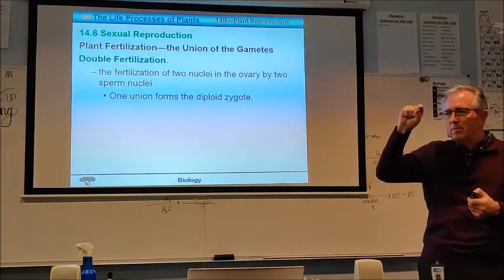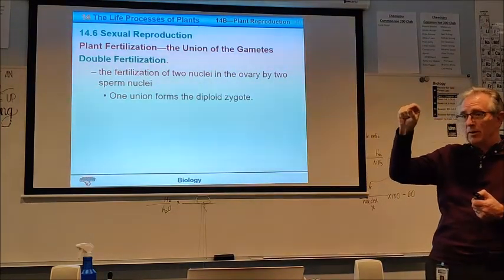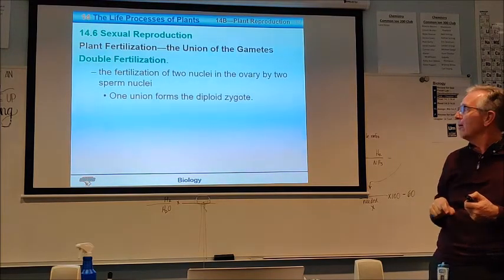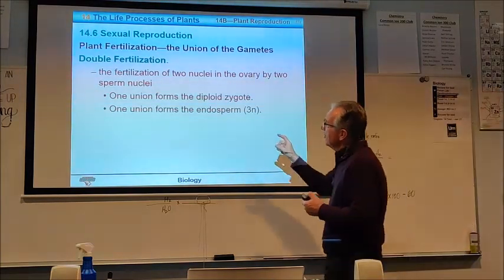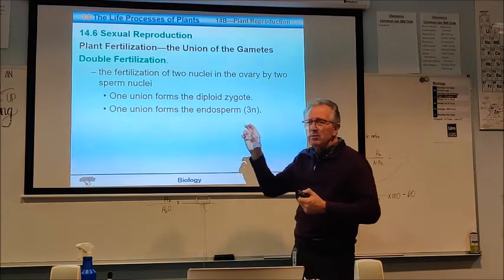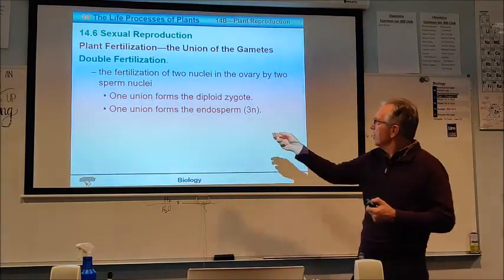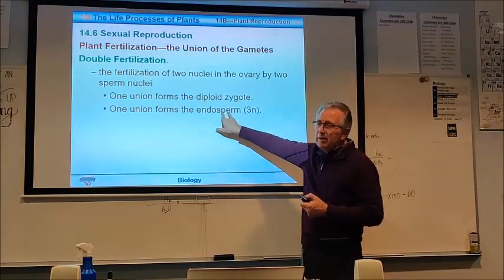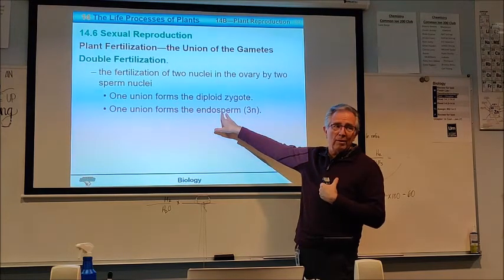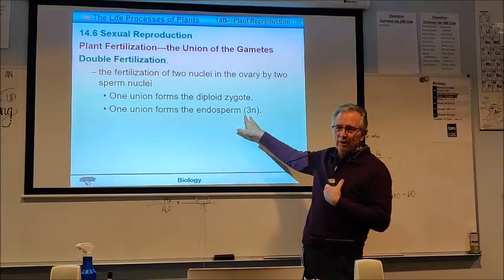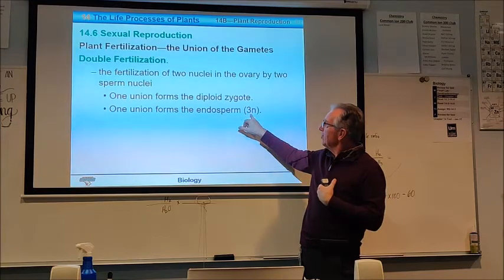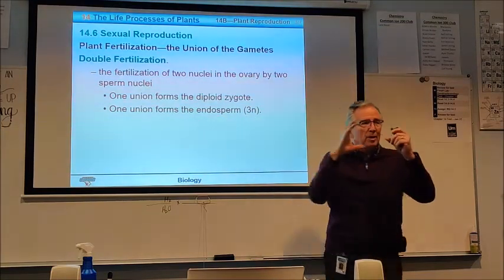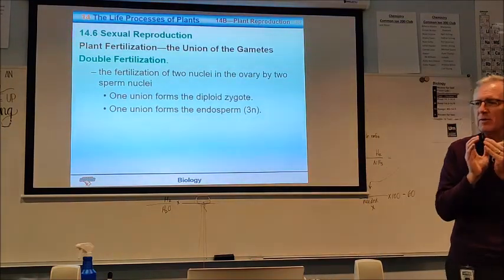So that's going to be eventually the new little plant that needs to grow. Then we have the other one that unites with another portion that already is diploid. So this makes it triploid. In other words, it's 3N. That's the part, this endosperm is the food part of the seed.